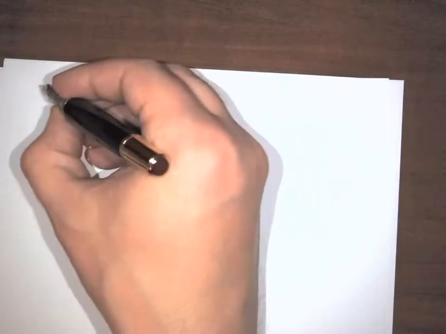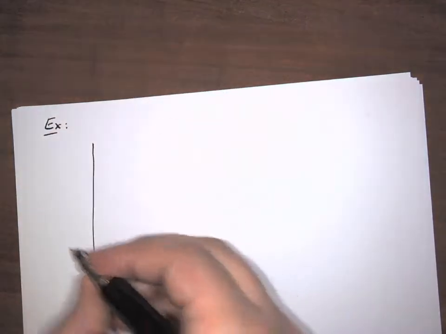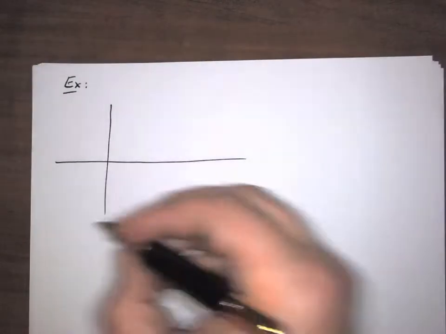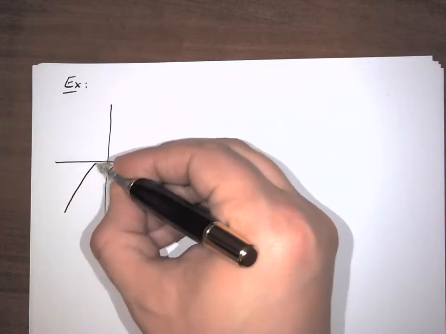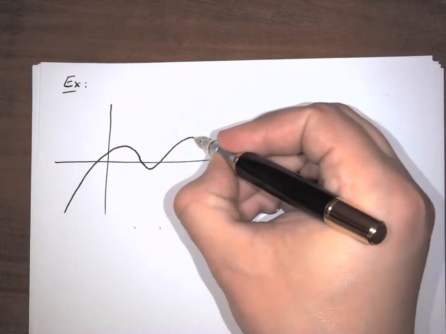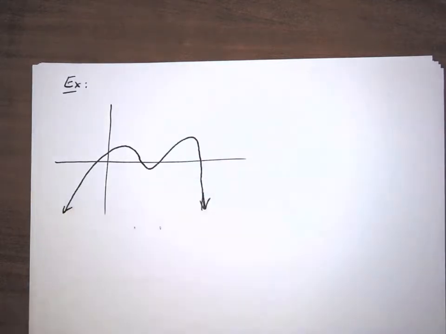So an example of a graph that you might be trying to find the absolute maximum or minimum value of would be something like this. Maybe what you have is a graph that's going like this.